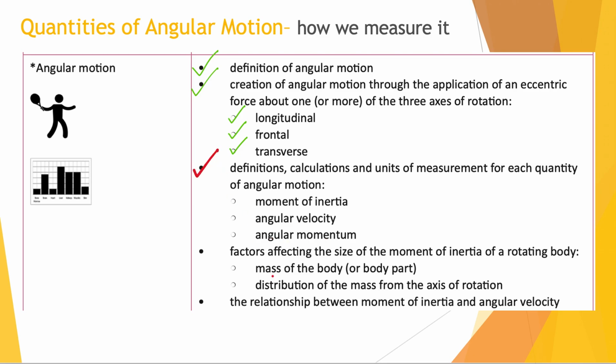Okay, and then finally we looked at the fact that moment of inertia is affected by not only the mass of a body, because inertia is affected by the mass of a body, but that moment of inertia is affected by the mass of the body and the distribution of that mass from the axis of rotation. So next lesson we're going to start to look at the relationship between inertia, moment of inertia and angular velocity, and some other bits and pieces to do with angular motion.